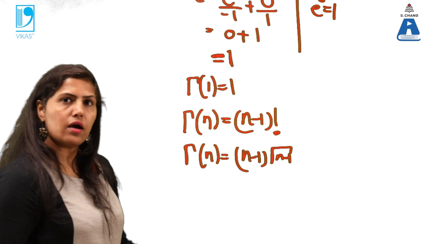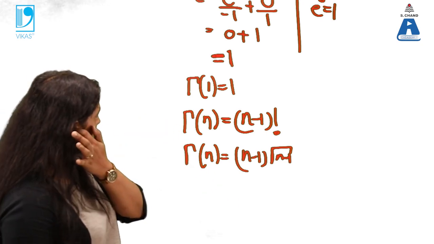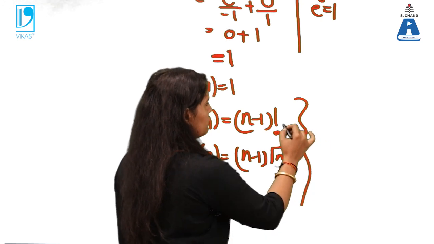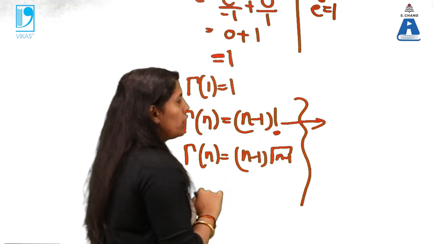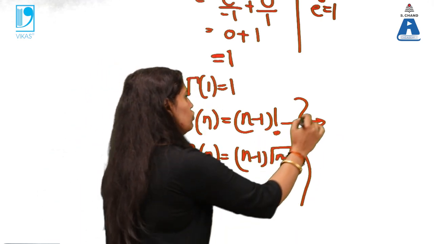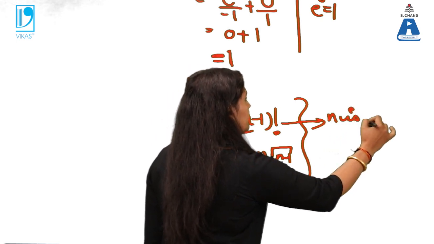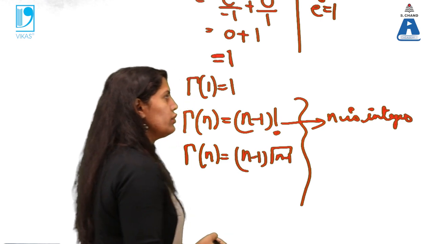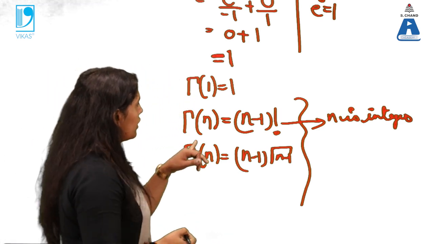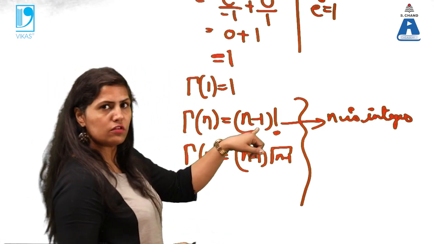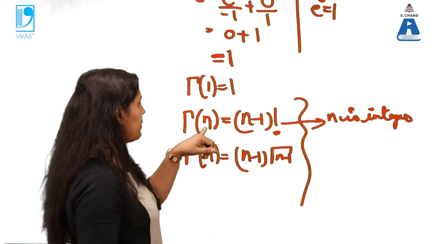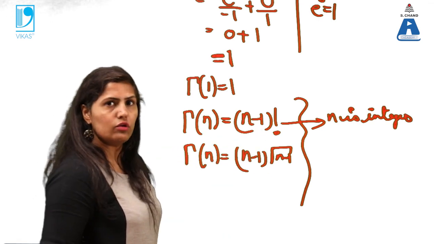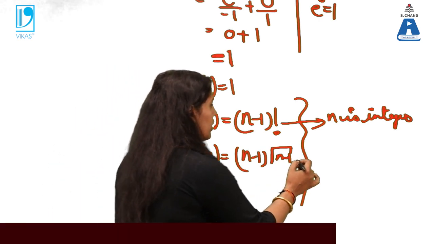Both formulas are different and applied in different situations. When n is an integer, you use this formula, meaning gamma 1, 2, 3, 4, 5. If I calculate gamma 2, it is simply 1 factorial, that is 1. Gamma 3 means 2 factorial, because 3 minus 1. So all the values you can easily calculate by this formula.